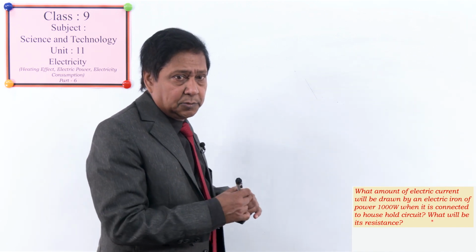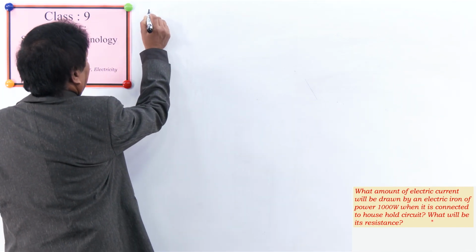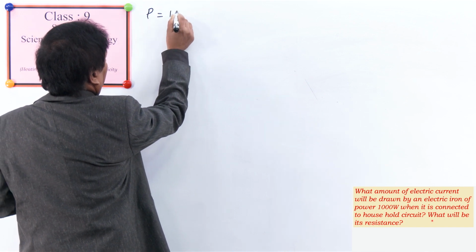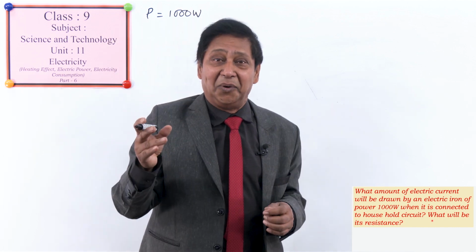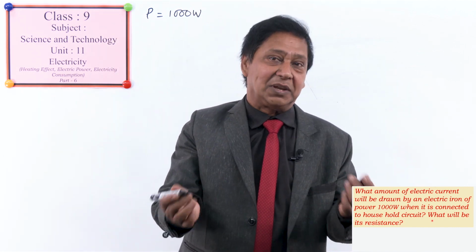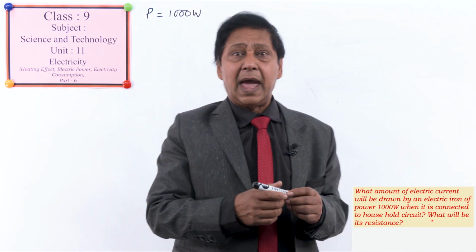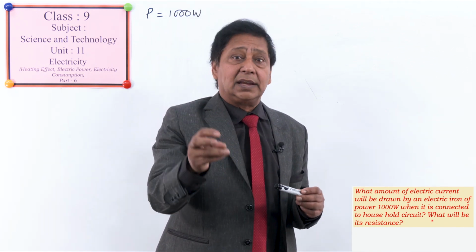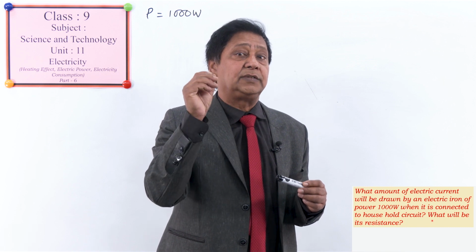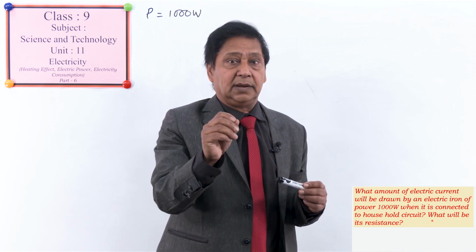I am writing the given information. Power is given, P is equal to 1000 watt. Nothing else is given. How can we solve this? You were told in the previous class also that in a household circuit 220 volt is supplied. What does it mean?